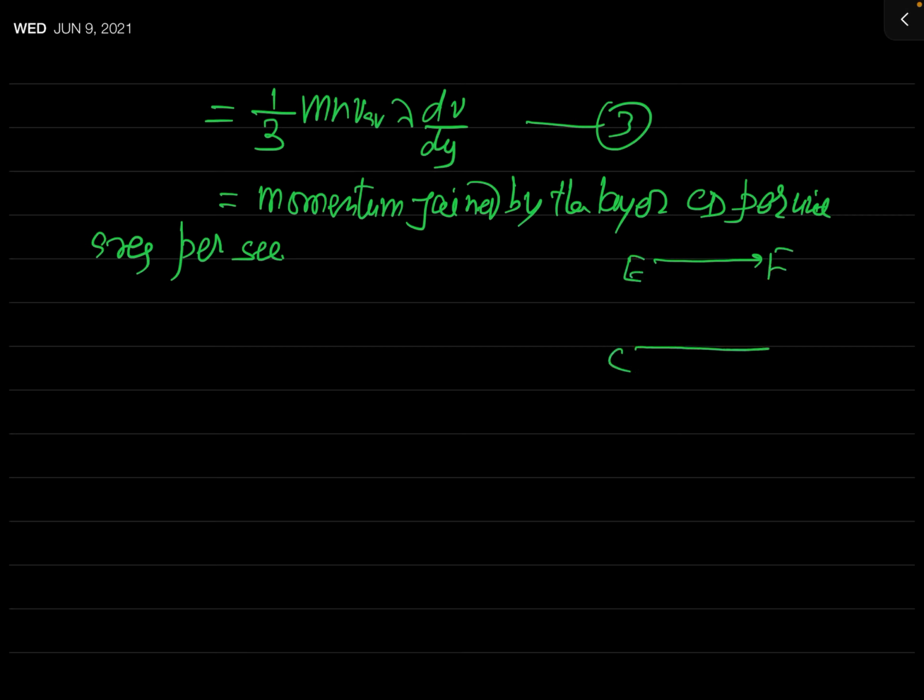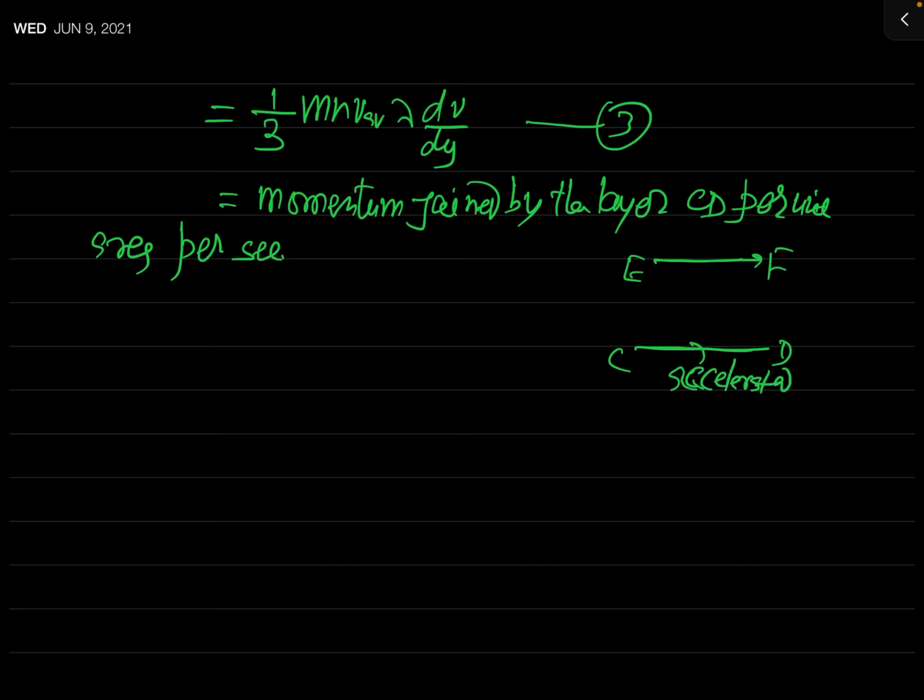So you can see our layer EF loses momentum and this layer CD actually gains momentum. So definitely due to this layer EF, this CD will be accelerated. It will experience an accelerating force.